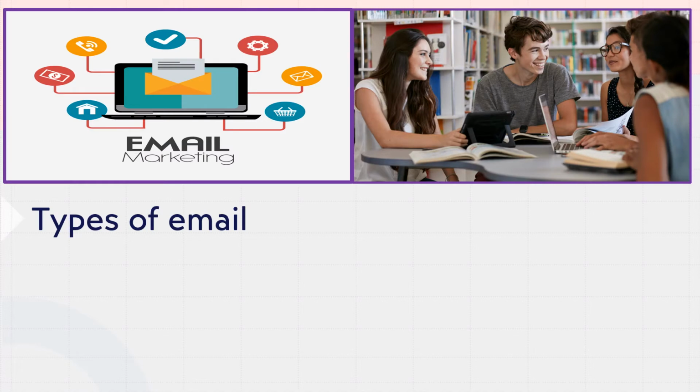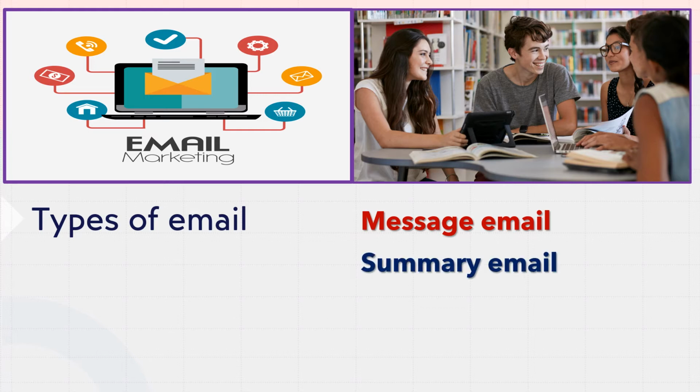There are many types of emails. It depends on the type of message that you would like to deliver. On the basis of this, we can categorize emails as message email. If you have to just simply send a message, that means you're going to write a message email. If you want to summarize something, for example, if you've had a meeting in the office and you just want to send the minutes of the meeting to all the ones who attended it, you will write a summary email.